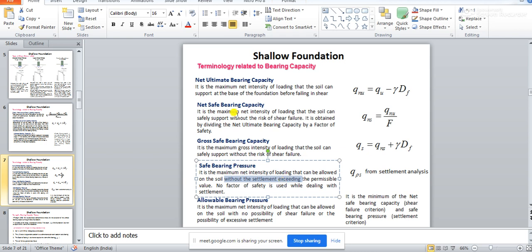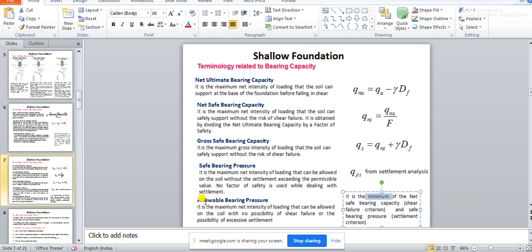Both of these are saying net intensity of loading. One net intensity of loading you will get from net safe bearing capacity, another from safe bearing pressure. Out of these two, whichever is minimum, because of that your foundation soil will fail.